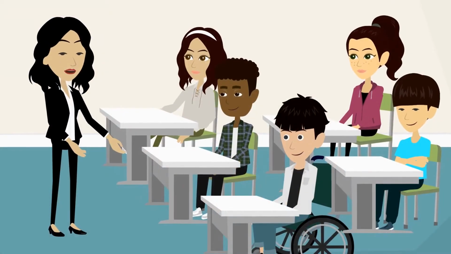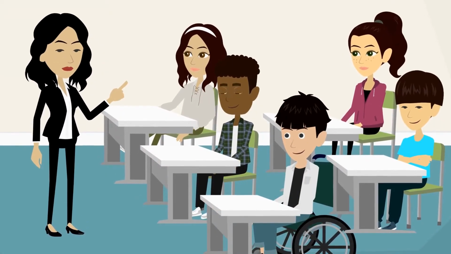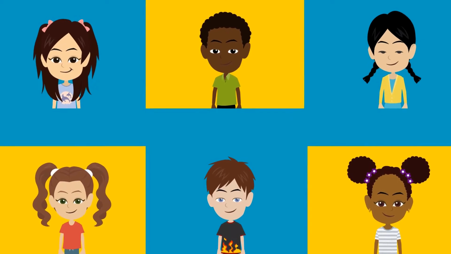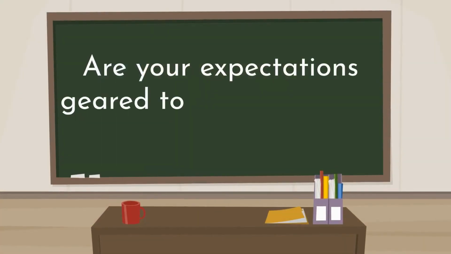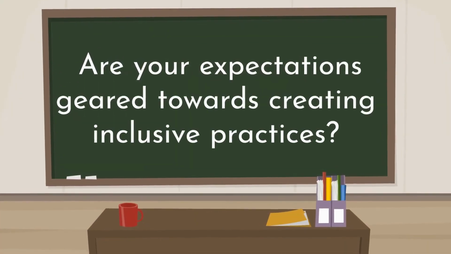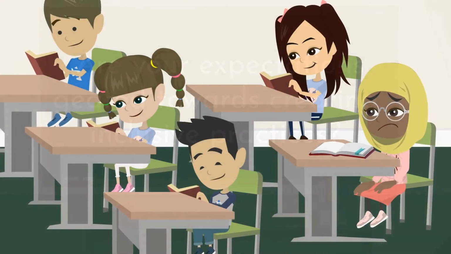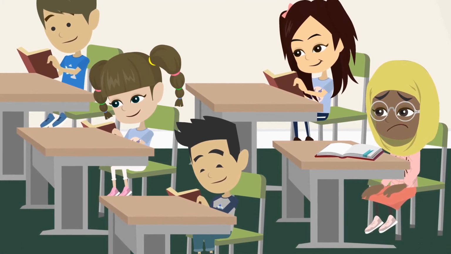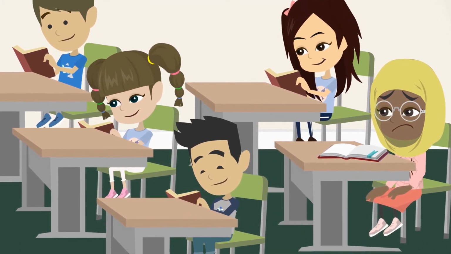And finally, be aware of the zone expectations you create in your school and classrooms and whether or not they are embracing all students. Are your expectations geared towards creating inclusive practices? Or do they make kids toe a line that only matches the needs, ideas, and beliefs of some?